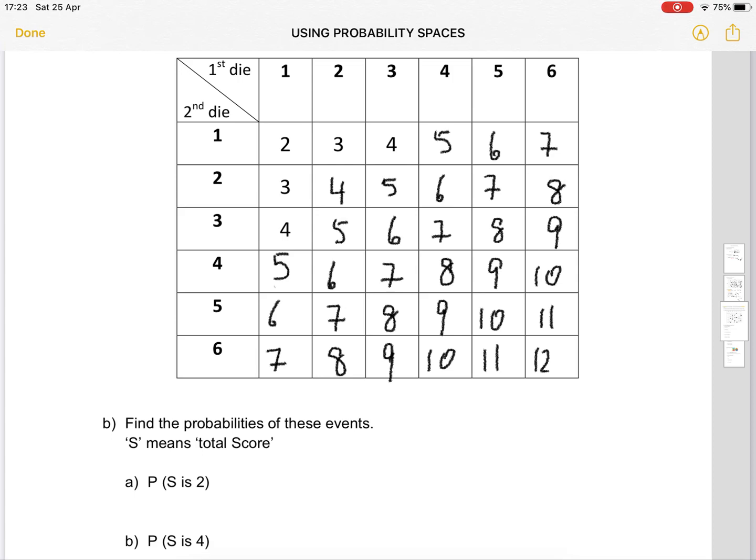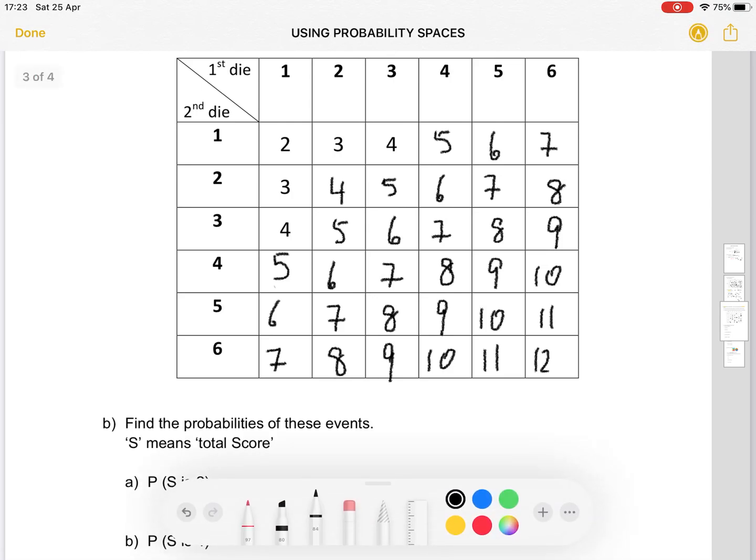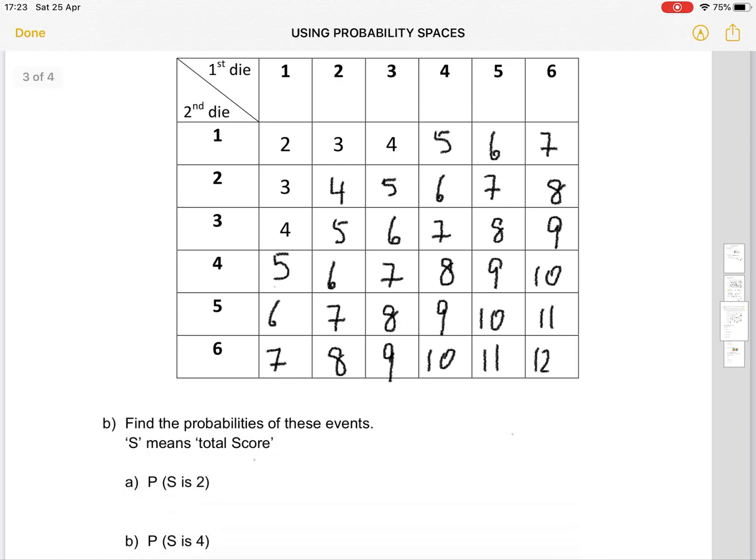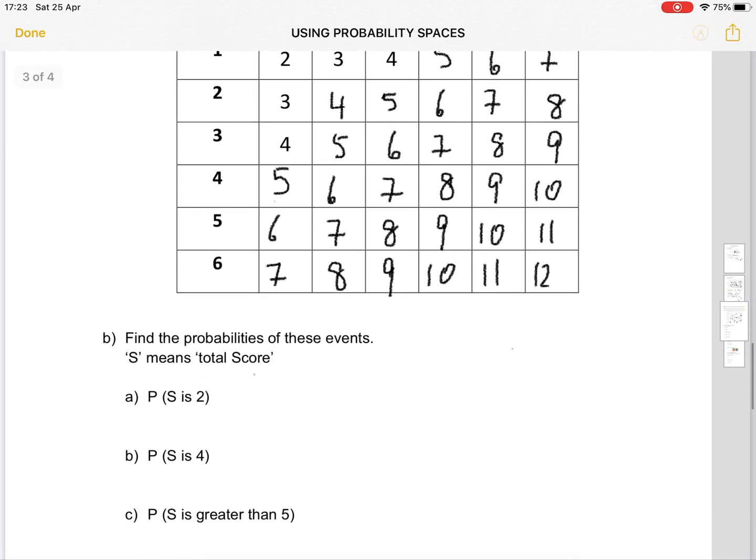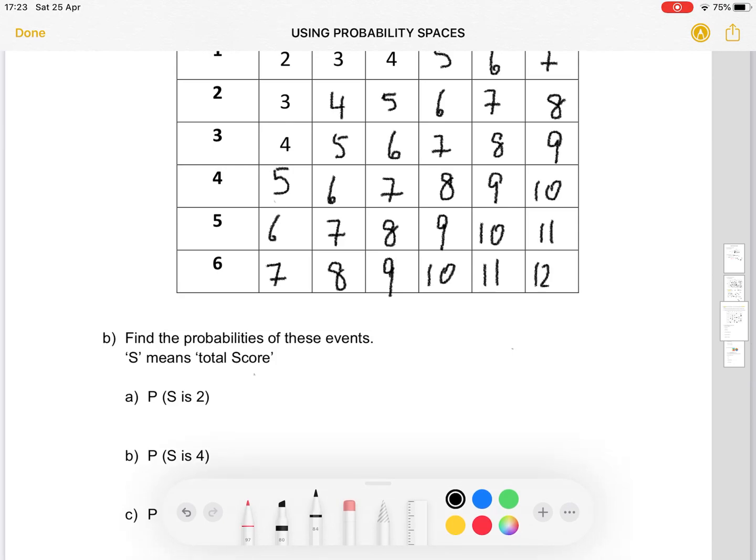So it's 1 out of a total, as you can see, when you have 2 6-sided dice, 6 by 6 is 36. So the answer to the first one is the probability of a total score of 2 is equal to 1 out of 36.